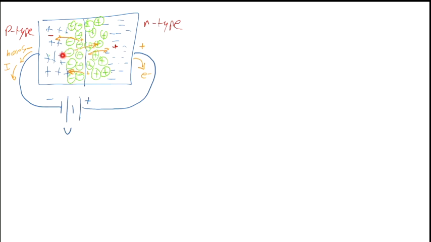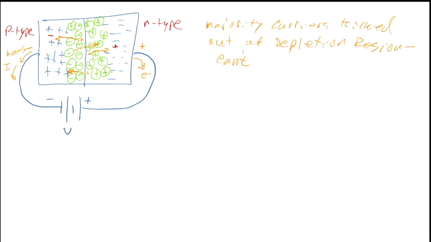So the majority carriers are rejected out on both sides. They can't cross the junction to recombine.